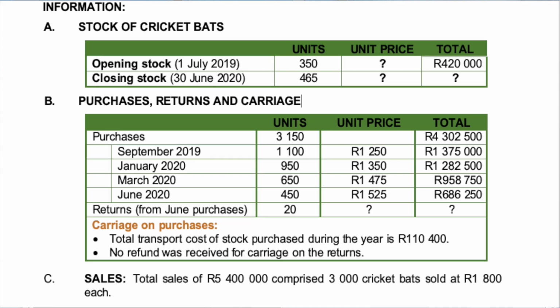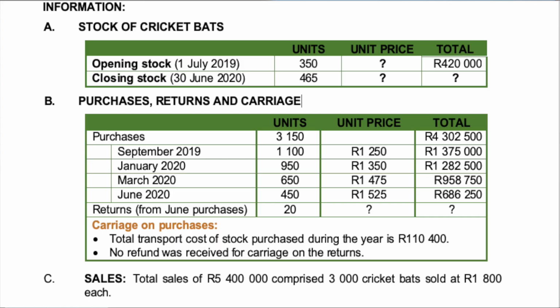All right, now let's talk about our carriage. The said carriage on purchases, total transport cost of stock purchased during the year, is 110,400. No refund was received for carriage on returns. So it means for our returns, we are only going to get back the cost price of the goods that were returned, but carriage is not taken care of.